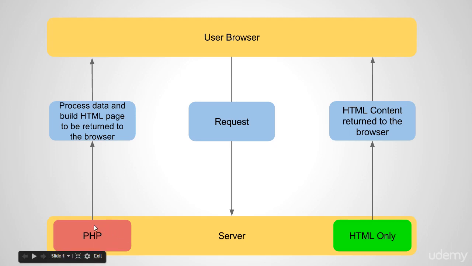Once the data is sent to the PHP file, the PHP file is going to process the data for us. And then based on that, it will build an HTML page, which is going to be returned to the browser, and then we can see it.